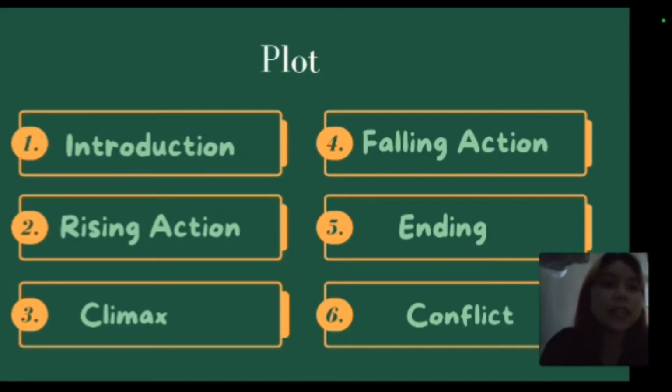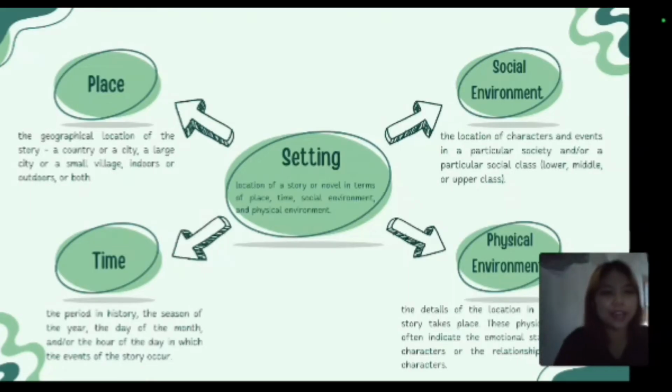Next, we have the setting. Of course, we are familiar with the setting. There are four things that we have to identify: the place, time, social environment, and physical environment. Let us dig in further with these four. Setting is the location of a story or novel in terms of place, time, social environment, and physical environment.